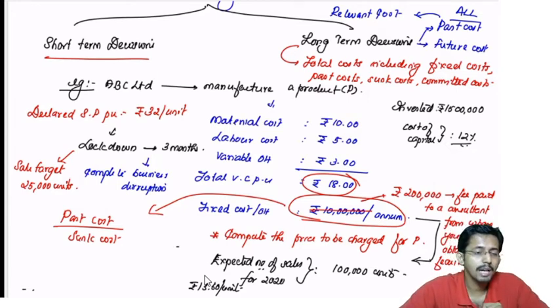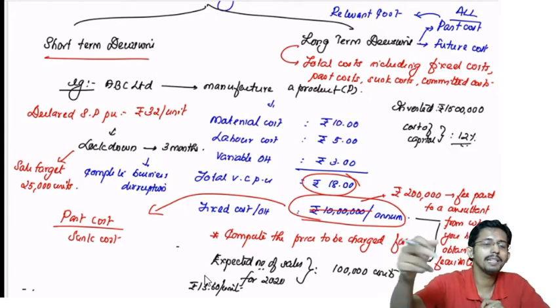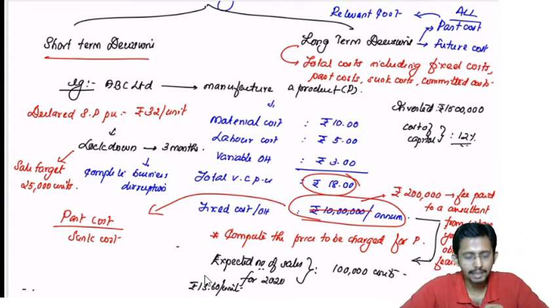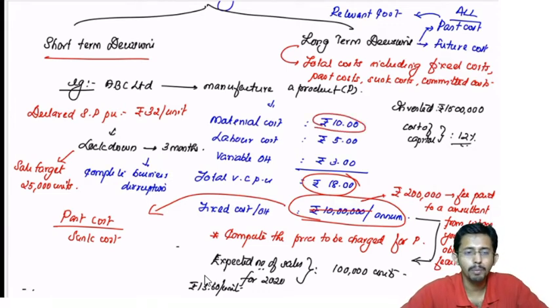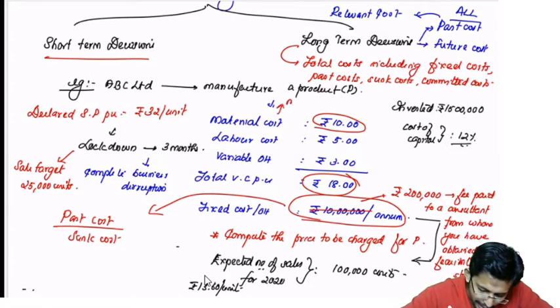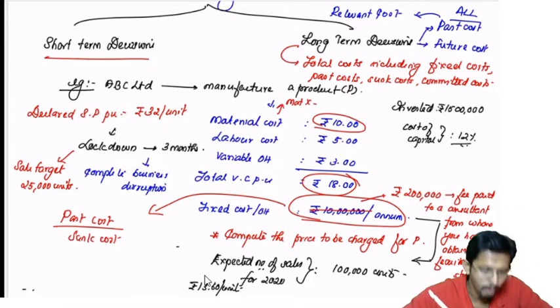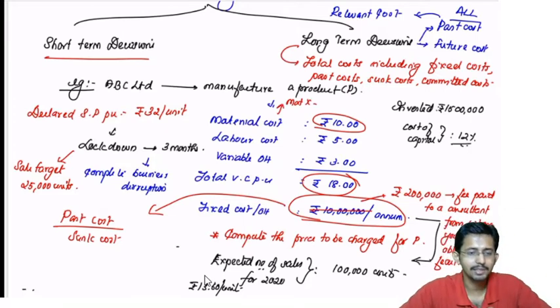But what happens? Your production manager or material manager comes and tells you, sir, this material cost of rupees 10, there is a small problem. What is the problem? This material cost includes a particular material called material X, which is already purchased.